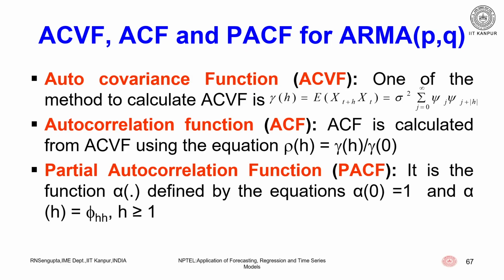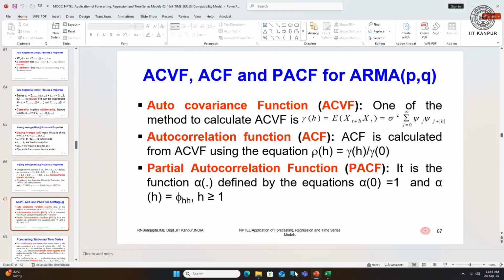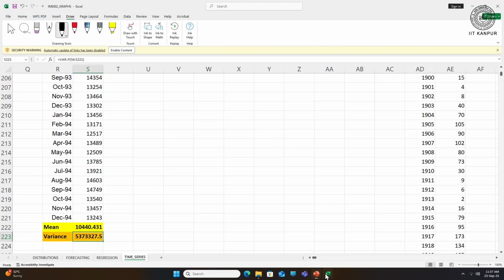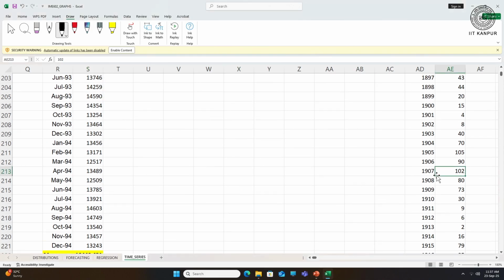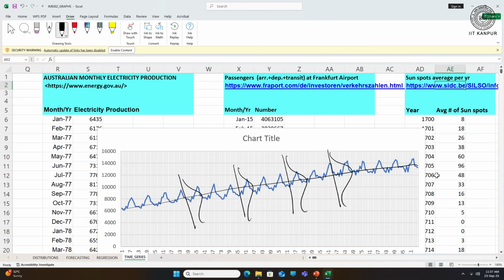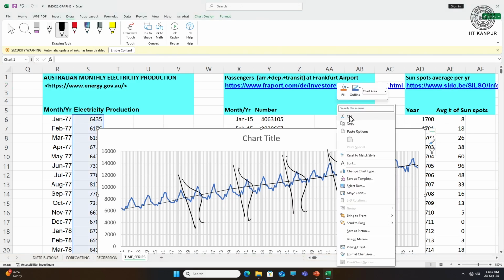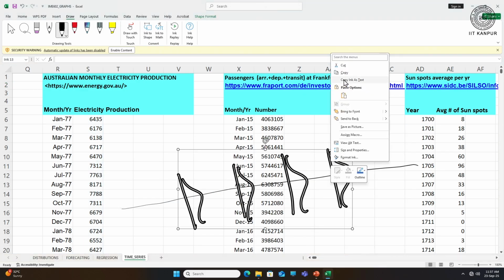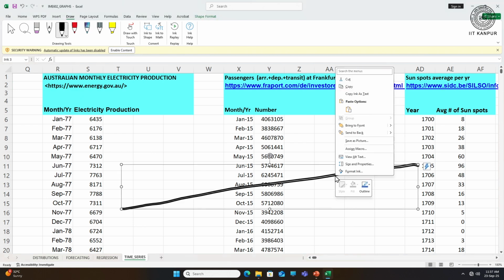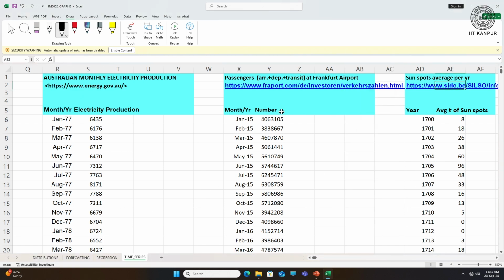Now, the question may come up: can we do similar things for the other time series processes? The answer is yes. So, before I discuss slide number 67, let me go back to the Excel sheet. I will delete this, because as I said, the data set would all be there in the Excel sheet, which you can use, as I am discussing many types of outputs and graphs.